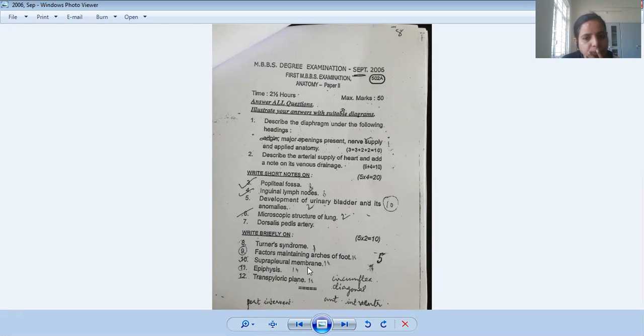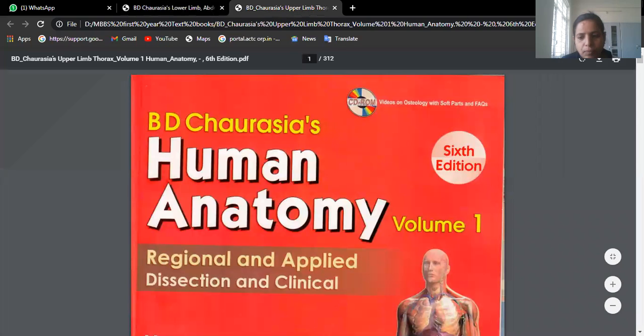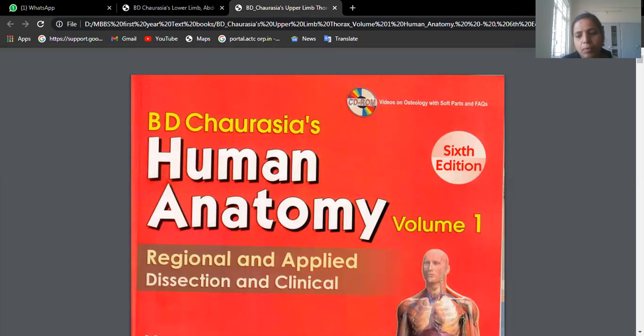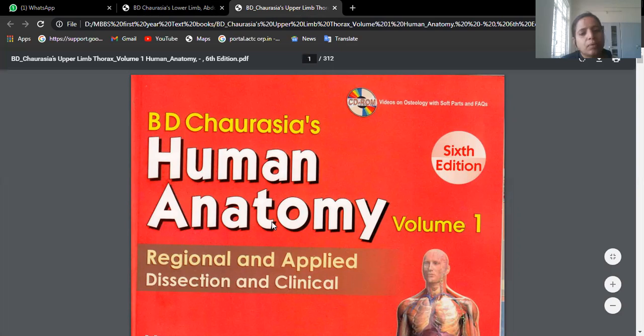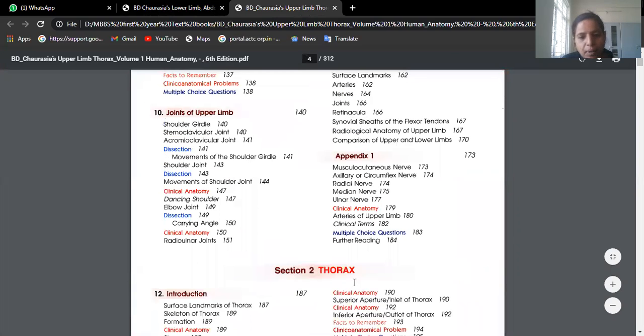Okay, so we will go with the thorax book once to check the microscopic anatomy and suprapleural membrane. Do you remember microscopic anatomy of lung, beta?